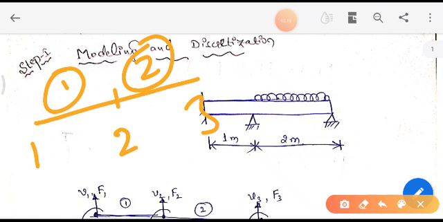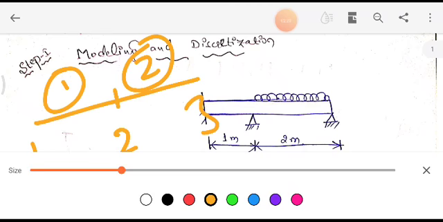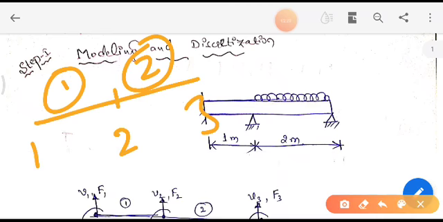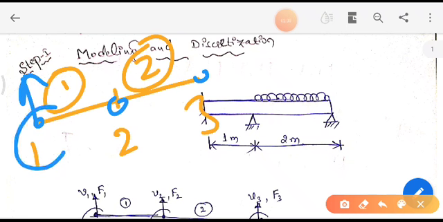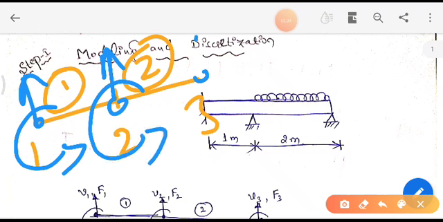Each node has two types of displacement: one is vertical displacement and one is the torsional displacement. Vertical displacement, torsional displacement, vertical displacement, torsional displacement. This is how each node of the beam acts.